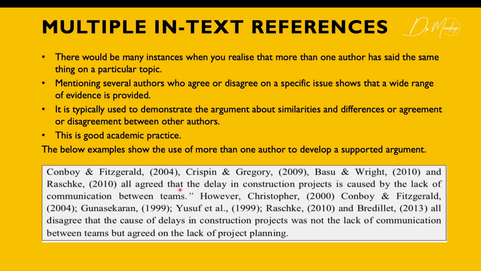That is the first statement, that they all agreed that delay in construction projects is caused by lack of communication between teams. And then, however, using a conjunction word which joins the story here, 5 other people disagree that the cause of delay in construction projects was the lack of communication.